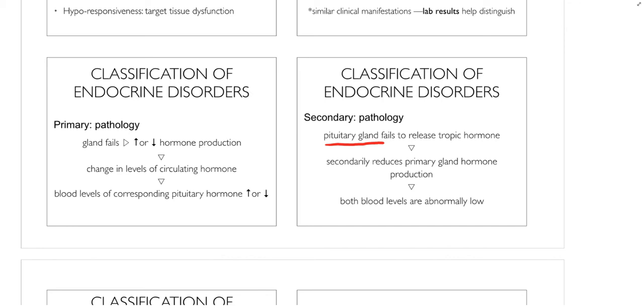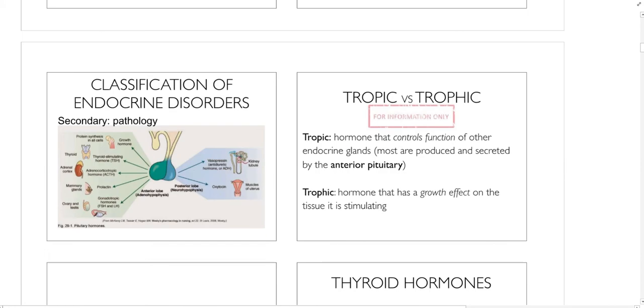We're going to have a decrease in pituitary TSH, for whatever reason, maybe a tumor on the pituitary gland, and we're not only going to have a decrease in TSH, we're also going to have a decrease in the hormones that we hope to have the thyroid release, T3 and T4, but aren't because we don't have enough TSH. So that would be a situation where we have our secondary endocrine disorder leading to abnormally low levels of hormones for both glands.